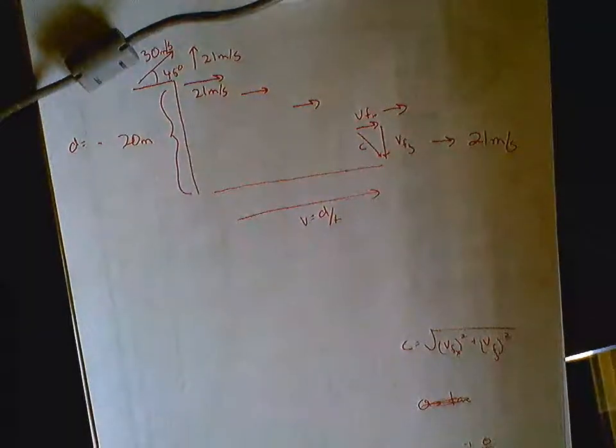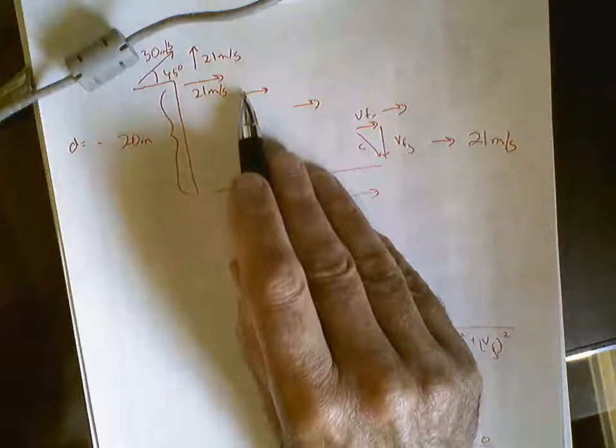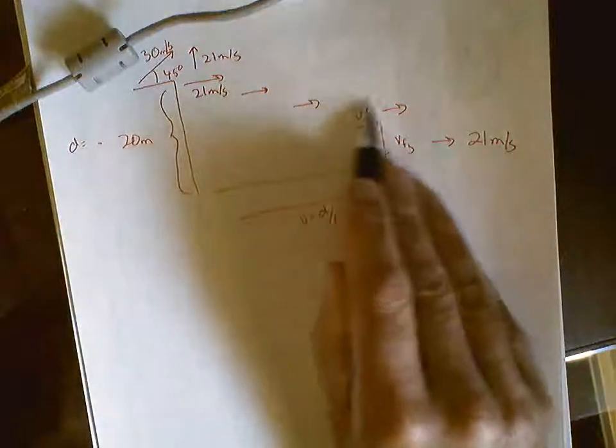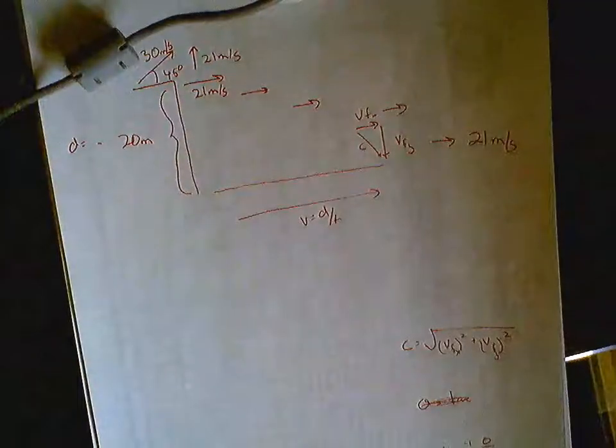And some of you might think, wow, this doesn't match up to the real world. That's because of air resistance, which would slow this down. There's no air resistance in these problems. So no matter where we are, we're always traveling at 21 meters per second in the x direction.